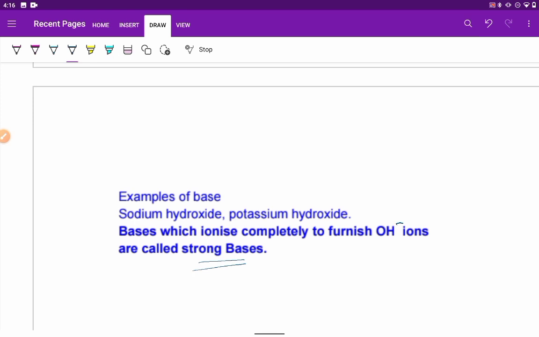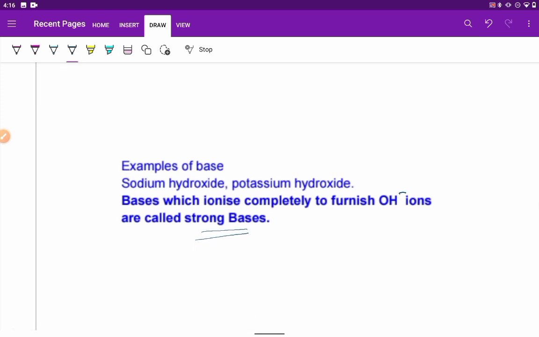And one more important property is that the process of dissolving an acid or a base in water is a highly exothermic one. So when we mix concentrated nitric acid or sulfuric acid with water, we should be very careful, because dissolving an acid or a base in water is a highly exothermic reaction.